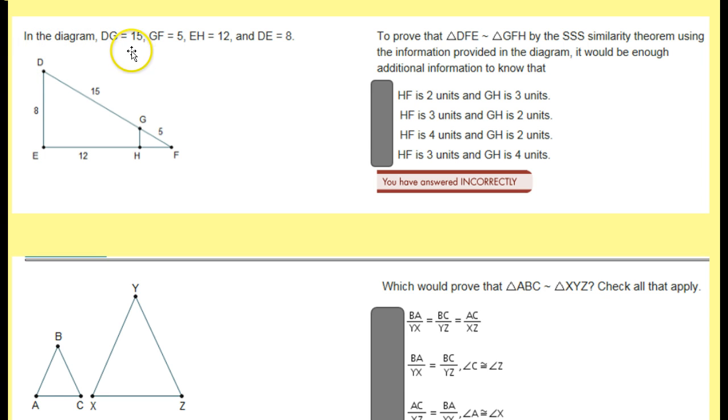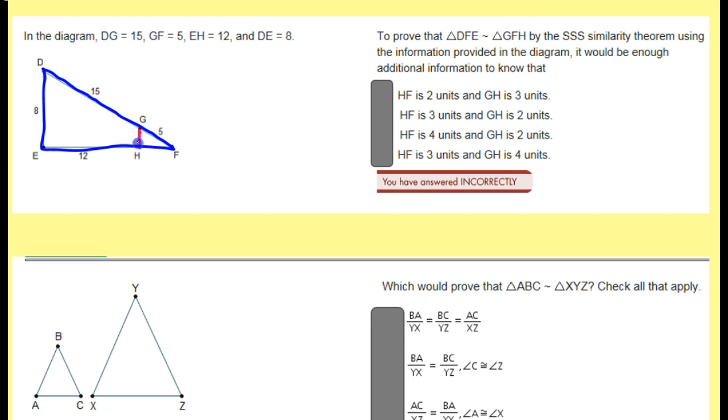In the diagram, DG is 15, as you can see. EH is 12. And DE, where's DE? DE is 8. To prove that triangle DFE, here's triangle DFE, is similar to triangle GFH.